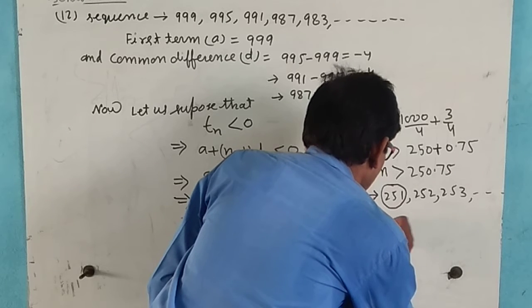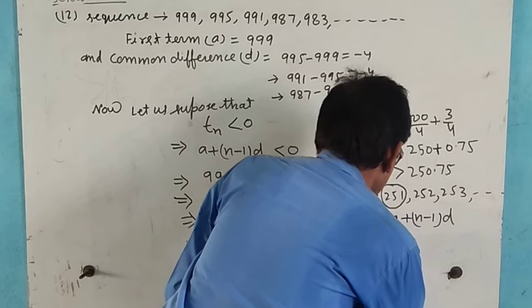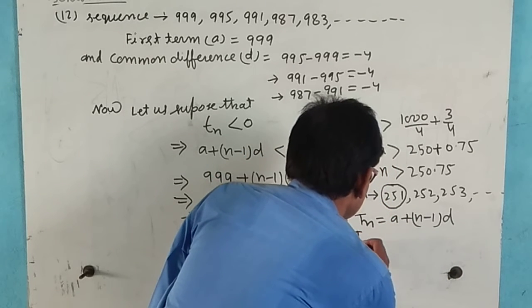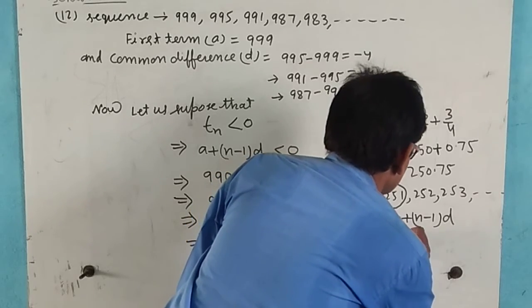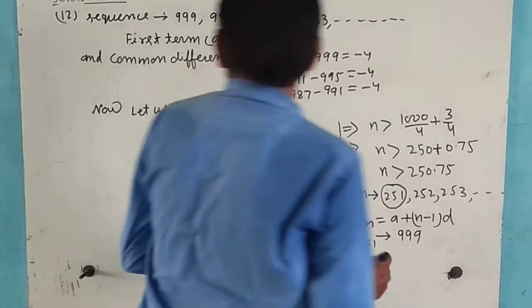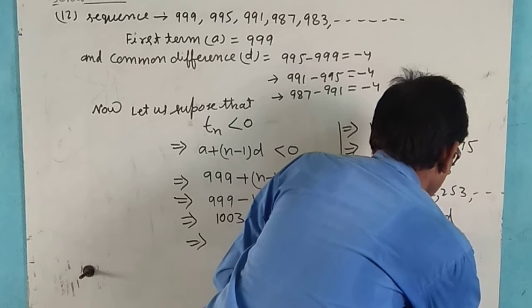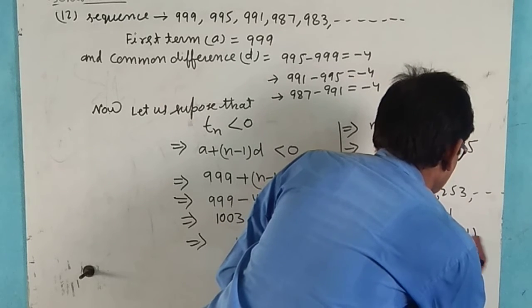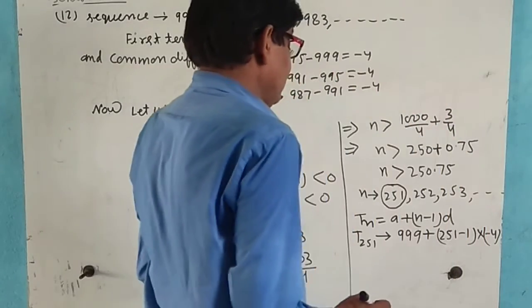Tn equal to a plus n minus 1 into d. In this case, T251 equal to 999 plus 251 minus 1 into D equal to minus 4.